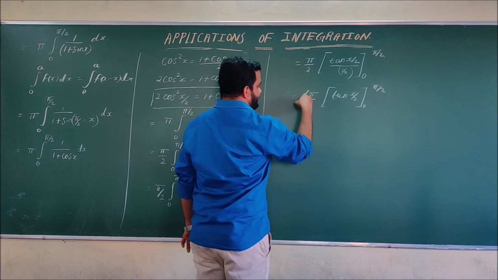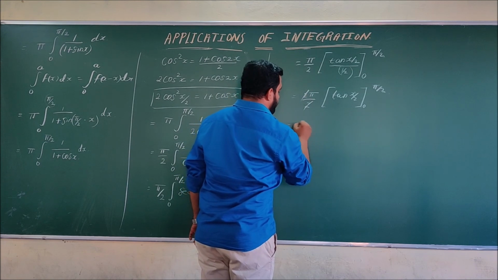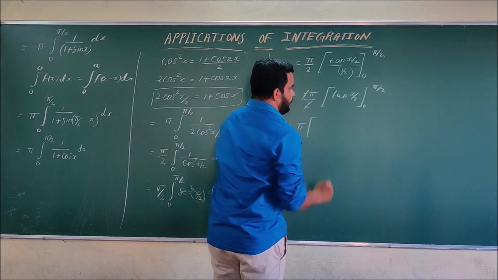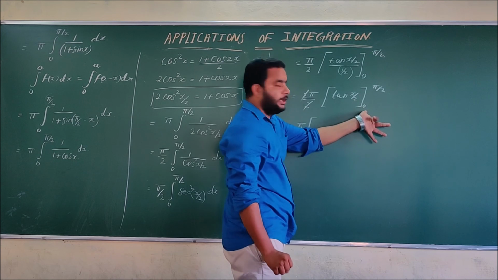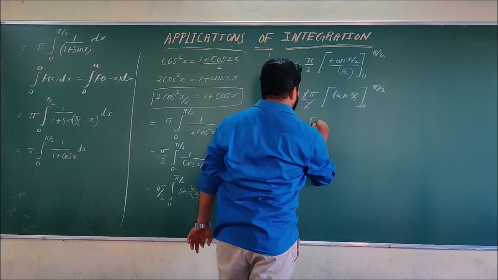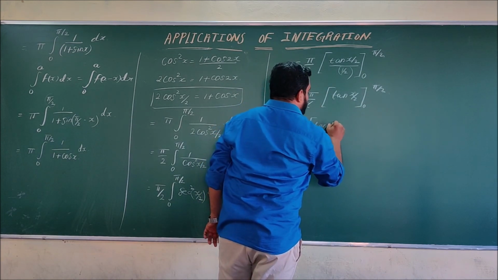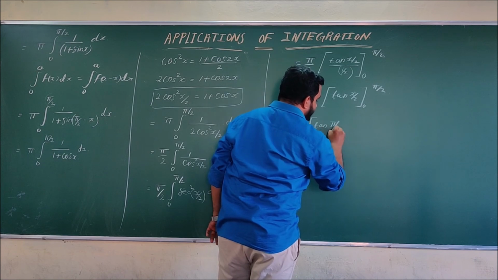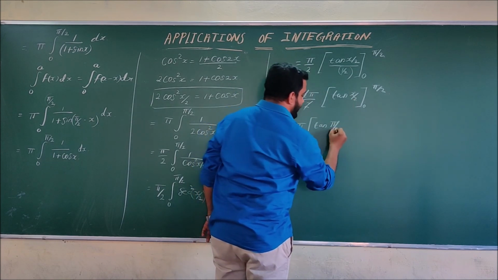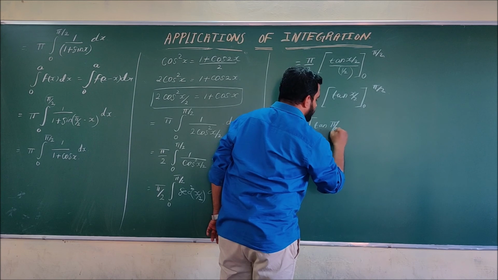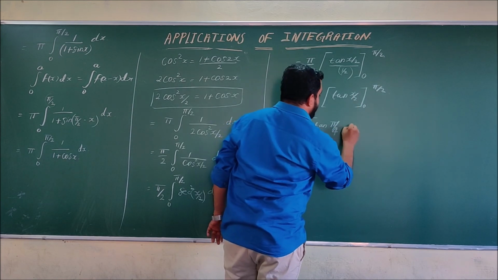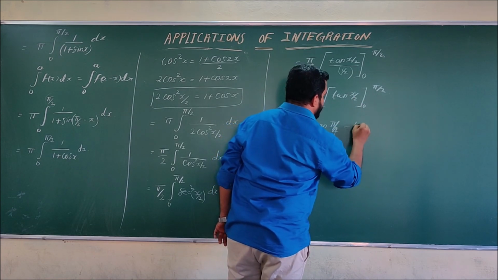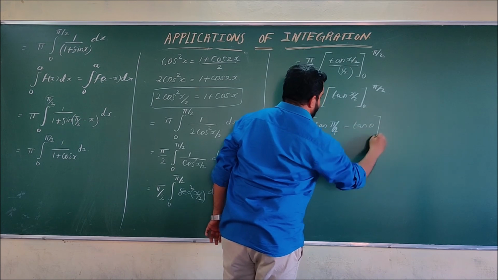Next we calculate this. We have pi into, applying the upper limit minus the lower limit, the upper limit is pi by 2, so tan of pi by 4, minus the lower limit tan 0.